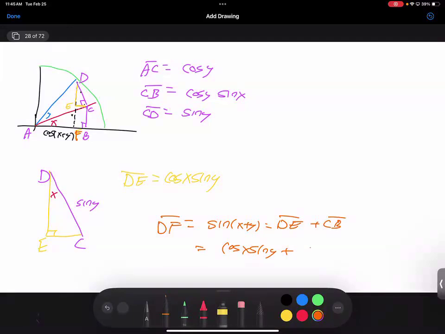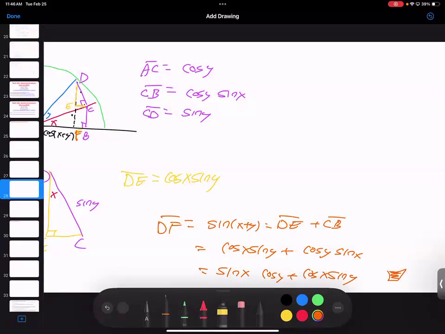Plus cosine Y sine X. Or just writing it better, sine X cosine Y plus cosine X sine Y. So that is a proof of the angle addition formula for sine in the special case when the angles add up to at most 90 degrees. Does this remind anybody of high school? So you can prove this stuff, okay? So we do have a formula for the angle addition.